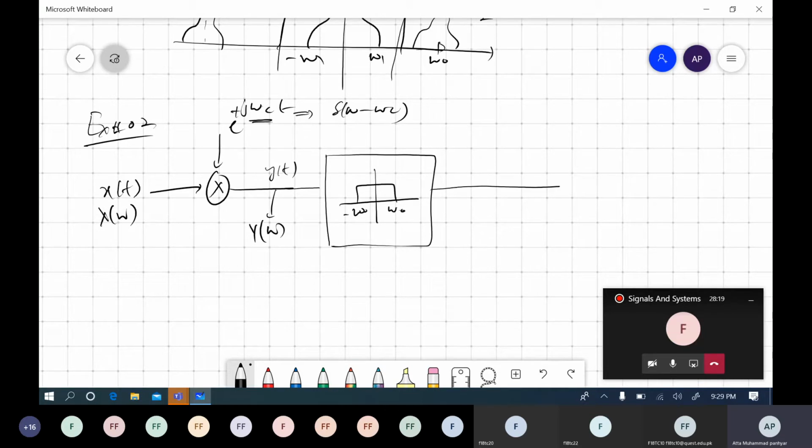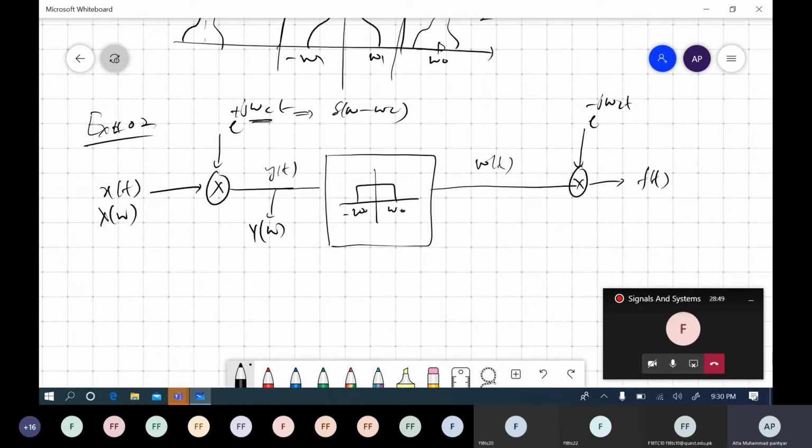Now after passing it through a low pass filter, what we get is w of t, right? And then finally we want to demodulate this signal, because earlier we multiplied it with e to the power minus j omega c t. Now we want to extract the information from the carrier, and whatever the result is, we call it, for example, the resultant f of t, right?